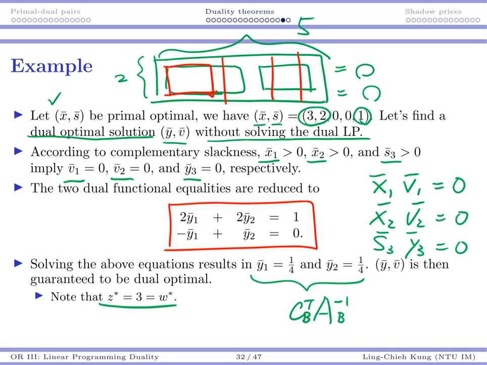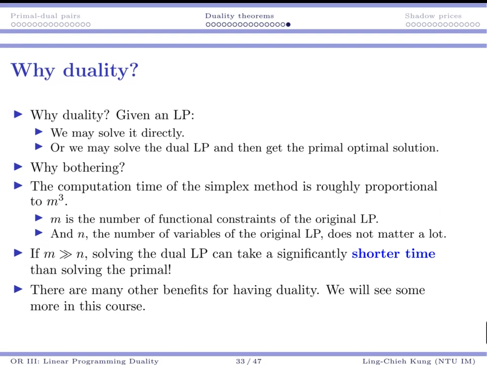So you may find that all the things somewhat point to the same result, and that's true. Because for primal and dual pairs, strong duality, CB transpose AB inverse, and complementary slackness all imply each other. Okay, so somehow this again confirms the fact that primal and dual are equivalent.